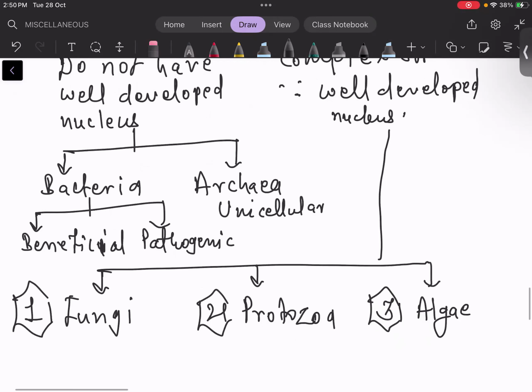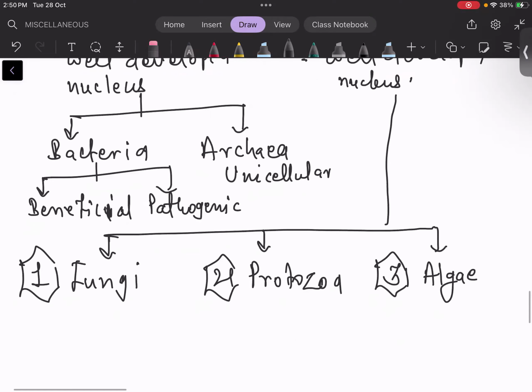Now, fungi include yeast and mold. Some of them are single cell, while others are multicellular.